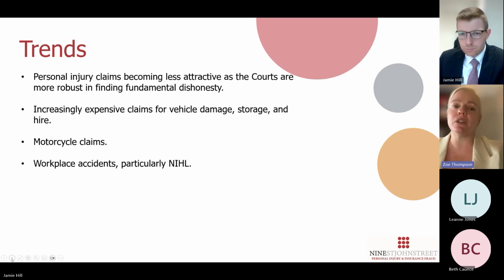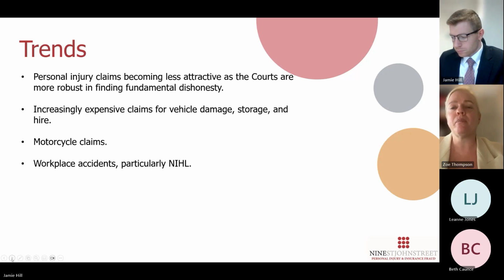So I've come across this argument quite a lot now, where it's an exaggerated claim for damage or an exaggerated claim in respect of hire charges. And what the claimants are saying is, well, even if I have exaggerated the damage to my car, you can't strike out or dismiss my claim because FD only arises if there's a personal injury element to the claim. So that's one trend that we've seen.